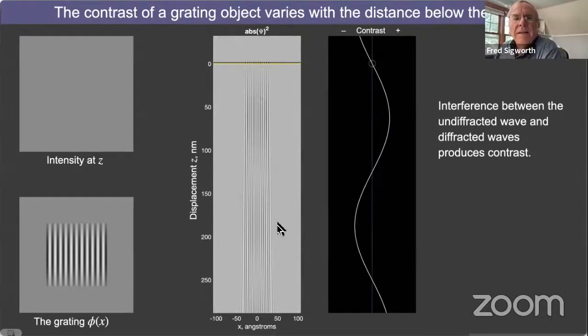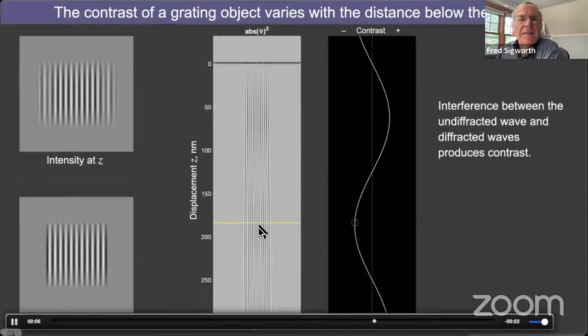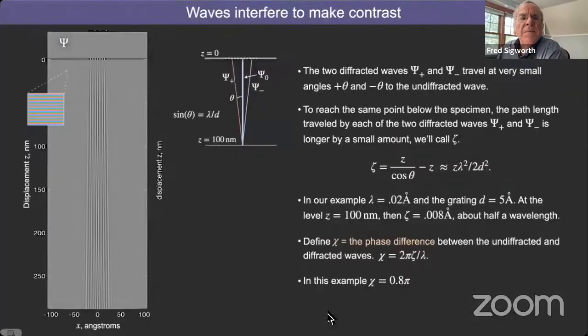And so if we now do the same trick of varying the defocus, that is, we're going to focus at different regions below the specimen, which is sitting right up here, we get varying amounts of contrast. There's a point here where there's no contrast, and then there's more contrast in the opposite direction. Now, how do we get contrast anyway?